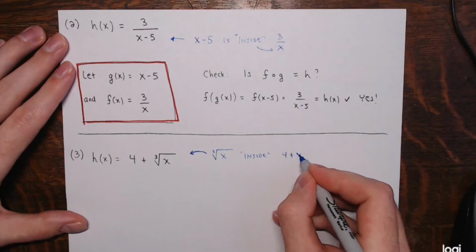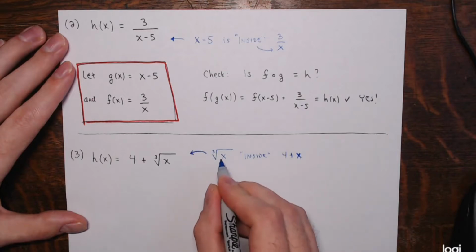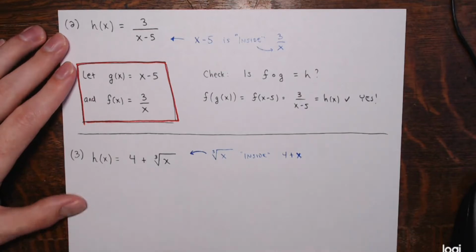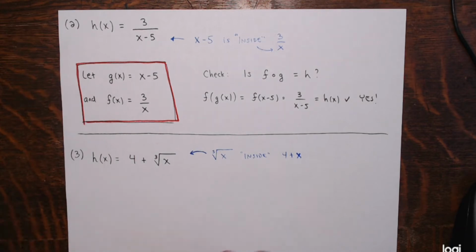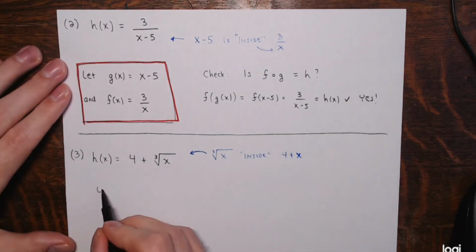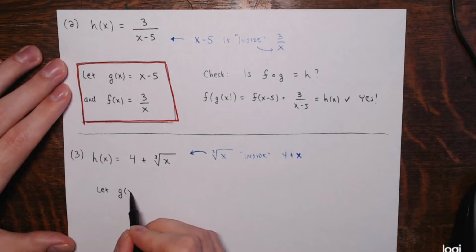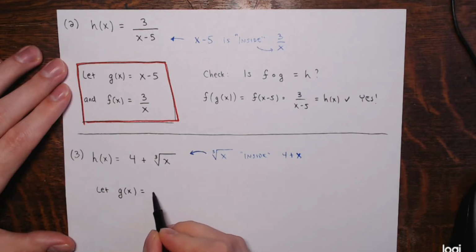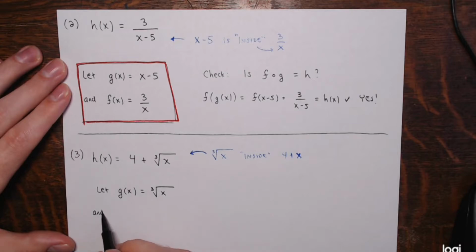It's like taking the expression 4 plus x and replacing x with the cube root of x. So the inside function I'll call g. So let's let g of x equal the cube root of x. And f, what it's going into, is 4 plus x.